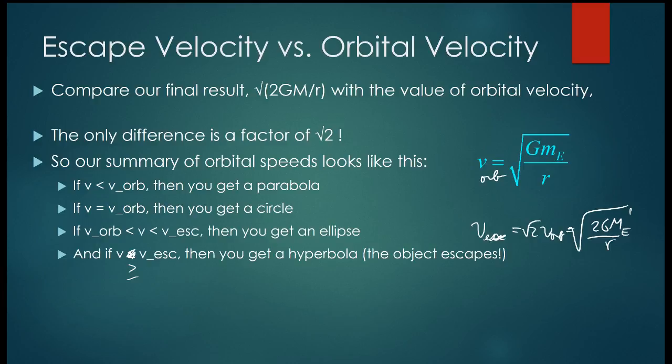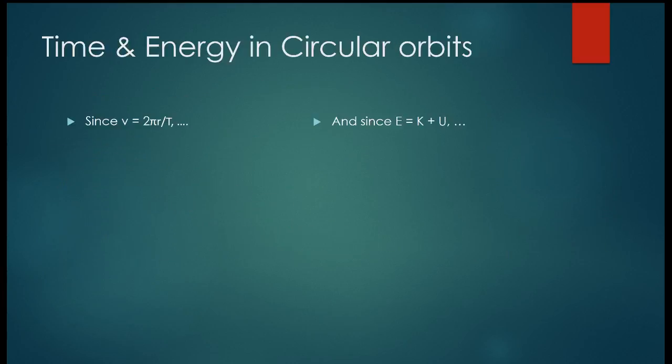Okay, next, let's take a moment to look at the time and the energy in a circular orbit. First of all, since the orbital speed v is 2 pi r over T, we can show that the period of an orbit is 2 pi r to the 3/2 over the square root of GM.